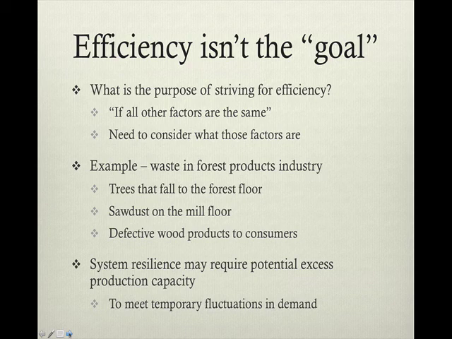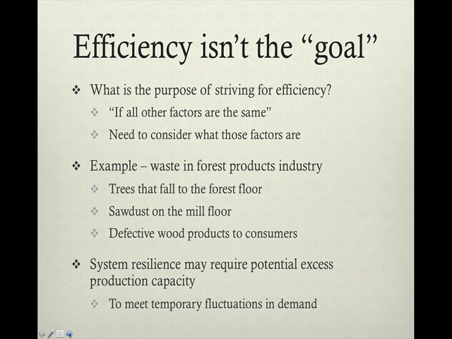So here's a good example of why we also have to examine the waste. Here's the total number of trees, and here's how much lumber is used in building. Trees that fall to the forest floor nurture the ecosystem.